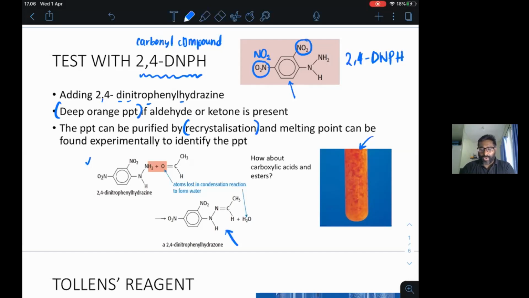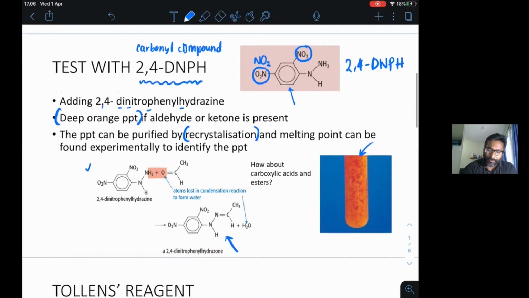So you have a molecule that has two NO2s. If you look at this as carbon number one, carbon number two, carbon number three, at the fourth position you are going to have N, and this N is connected to H2 and connected to H.